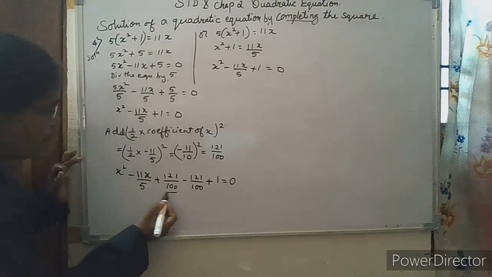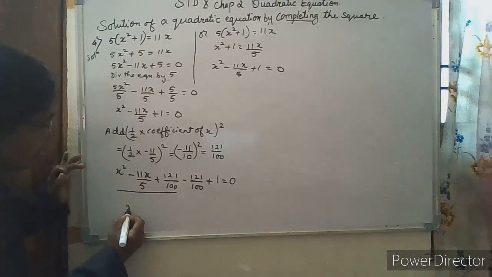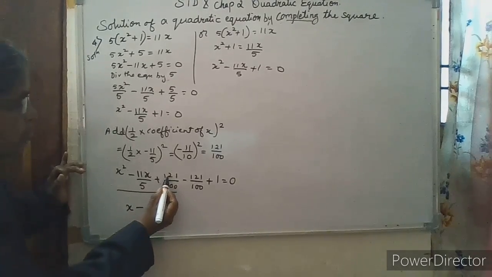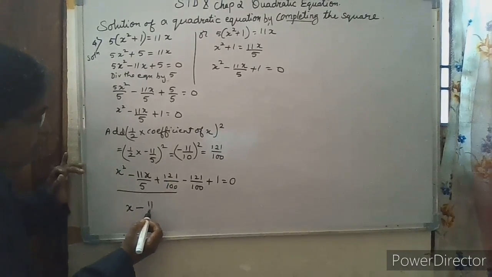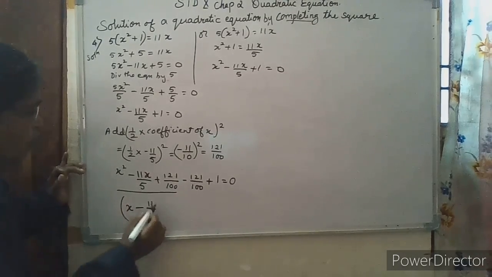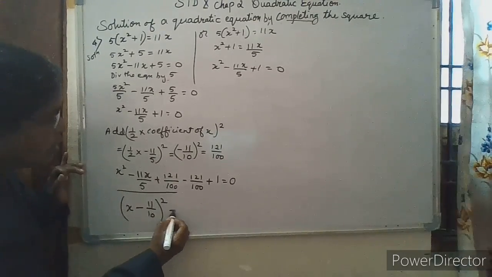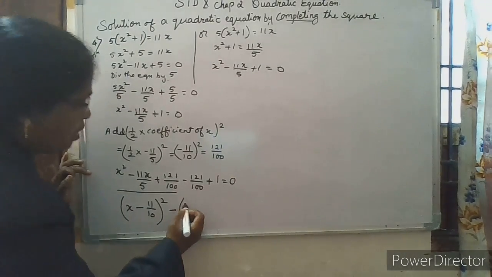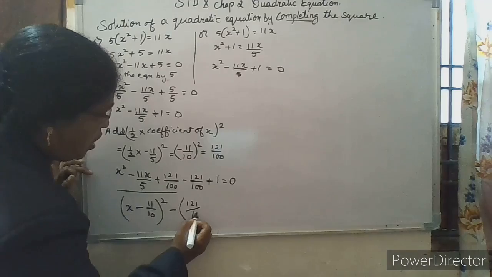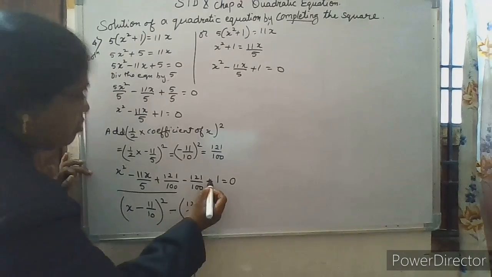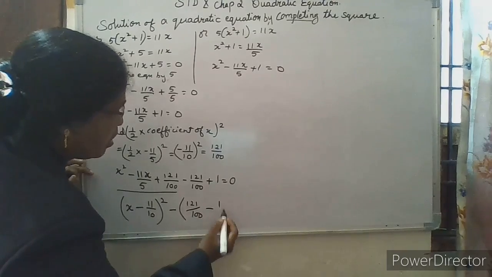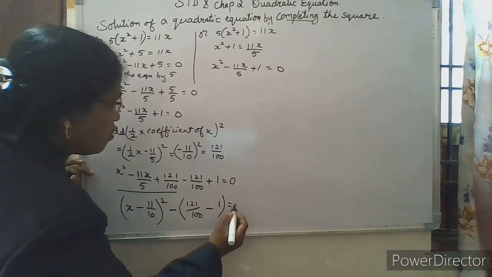Now the first three terms here form a perfect square, with a minus sign here. x minus root of this, you take 11 by root of 100 which is 10, the whole square. Then put the minus sign, put the bracket, minus into minus, plus 121/100, minus into plus is minus 1 here. This is equal to 0.